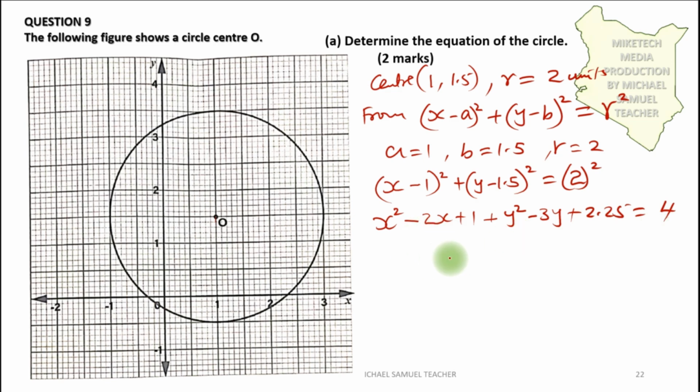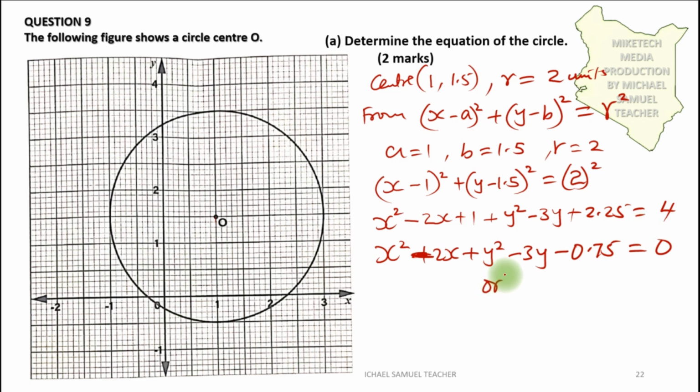We can also rearrange them: x squared minus 2x, plus y squared minus 3y, then 1 plus 2.25, which is 3.25, then minus 4, so we end up getting minus 0.75 equal to 0.